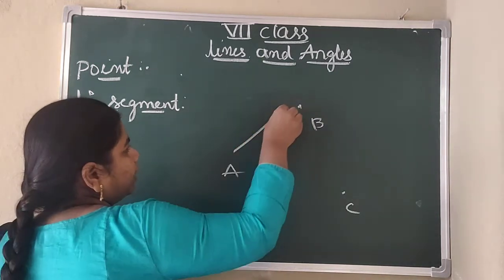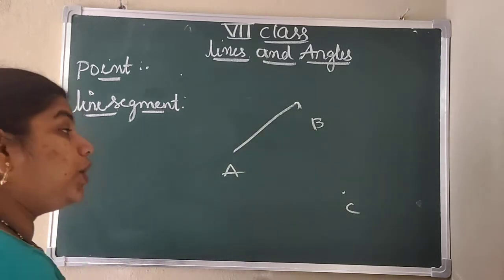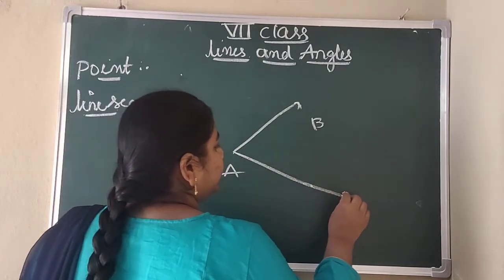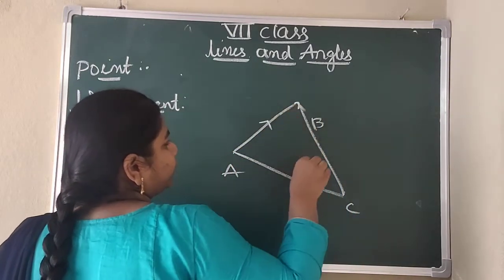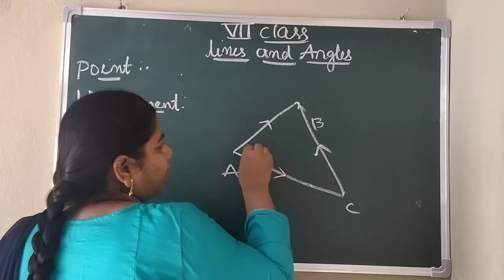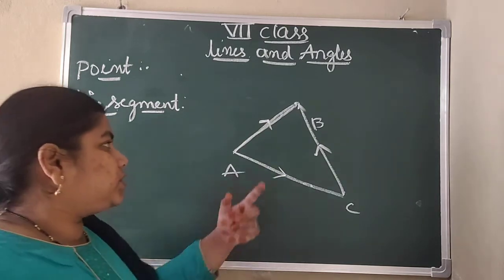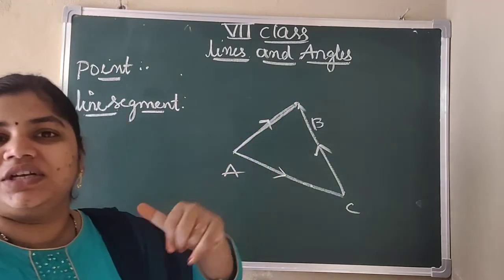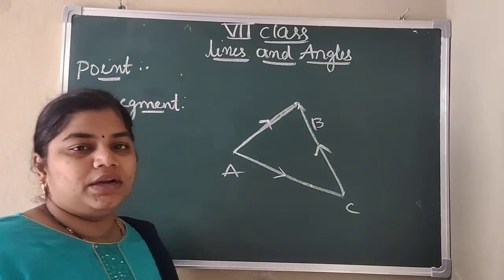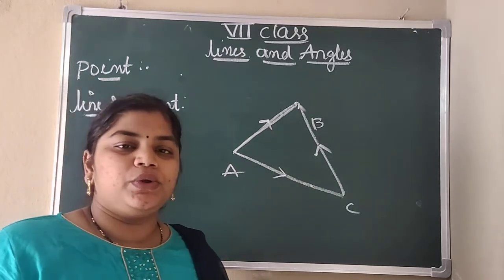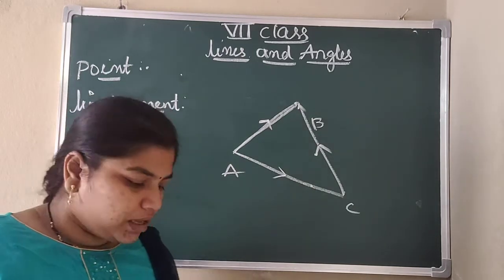One, directly I can go from A to B, or I can go from A to C to B. So what is the line segment there? The shortest distance. This A to B distance is called the line segment.